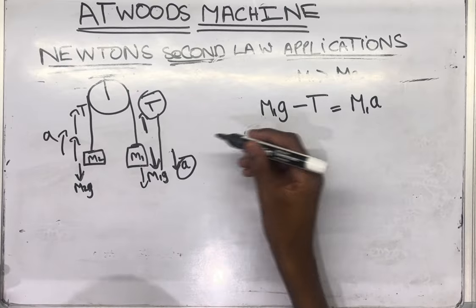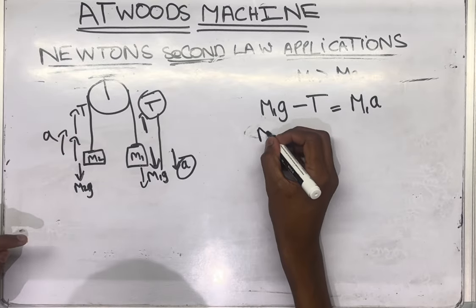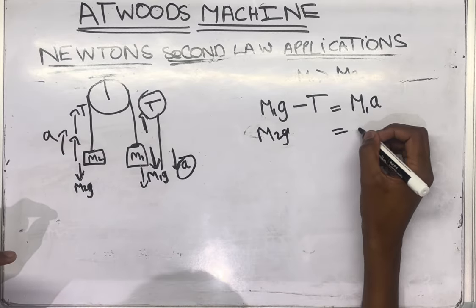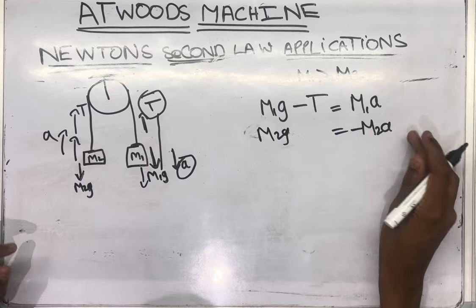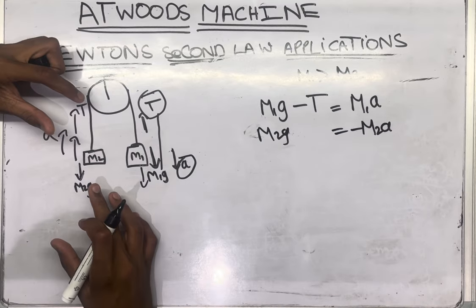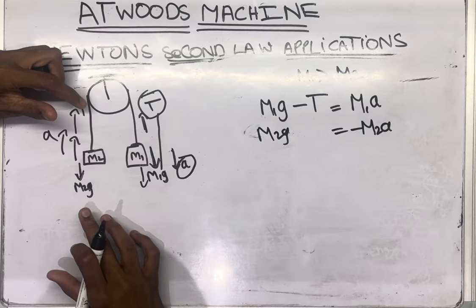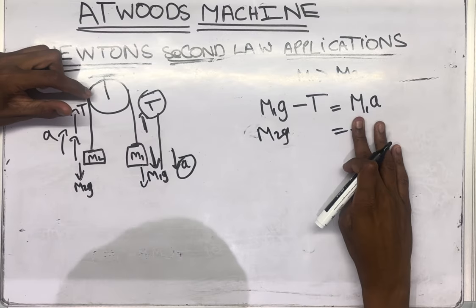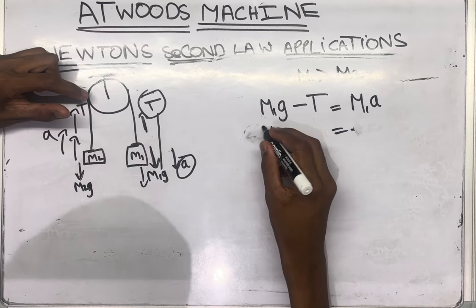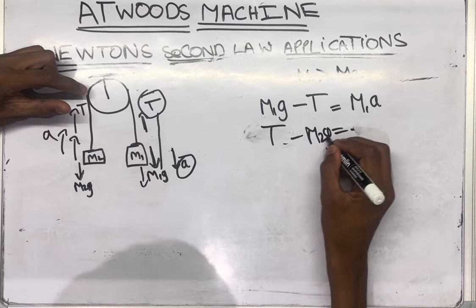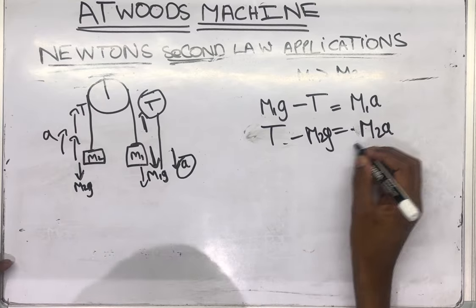If we write M2g over here, then it should be minus M2a, otherwise it won't cancel out. So we have to write T over here and M2g over here for getting M2a.